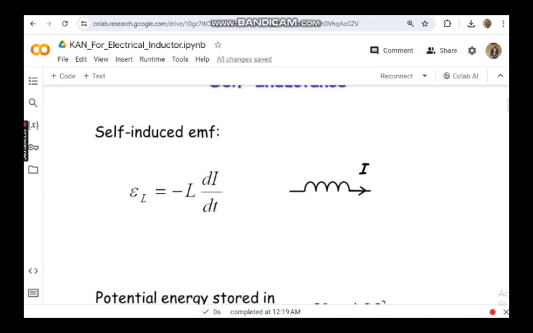So the more current that flows through the inductor and the higher the constant, the more energy or voltage this inductor can store. It depends on the time and the current as well as the inductance, which is L. This is the symbol of an inductor in an electric circuit.